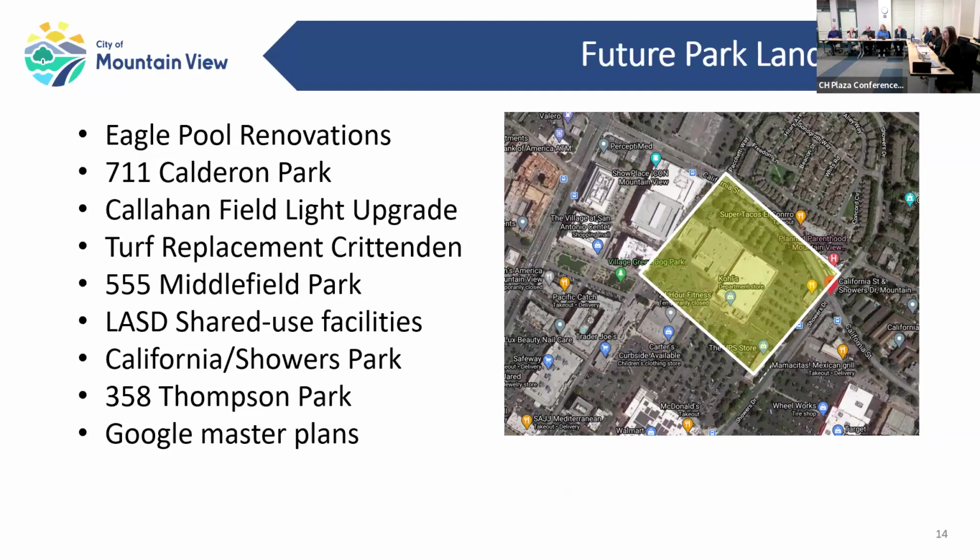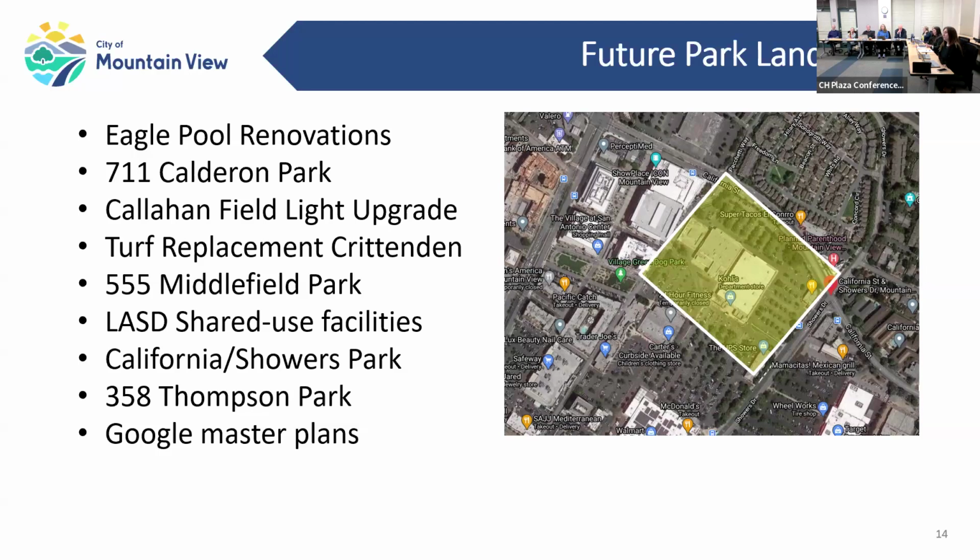555 Middlefield, as Angela mentioned, this is a future park site. The LASD future school site. So there's kind of two items with that. There's the school site and the shared use facilities at the school site. And then there's also the California Showers Park, which will be next to the school site. And that's the area that's highlighted in that picture there. The park at 358 Thompson.